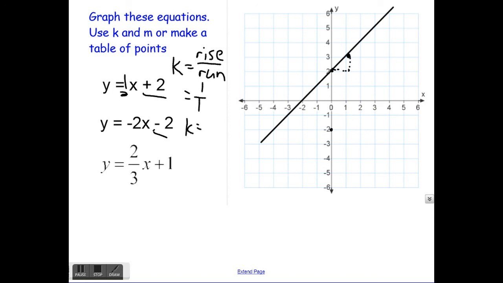So our k value is just -2/1. So if this is my first point, where's my next point going to be? You go 1 down and 2 over. 2 down, 1 over.